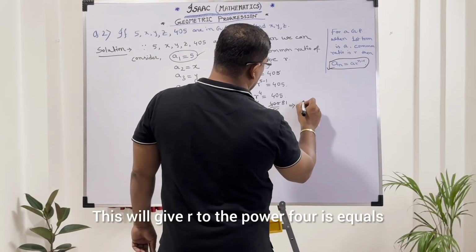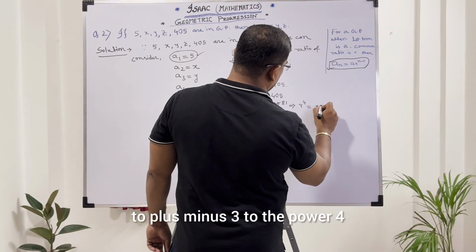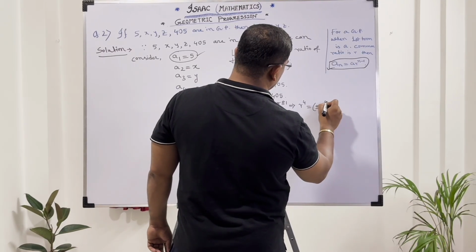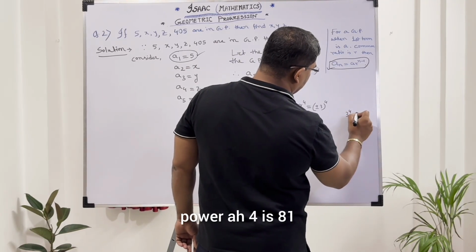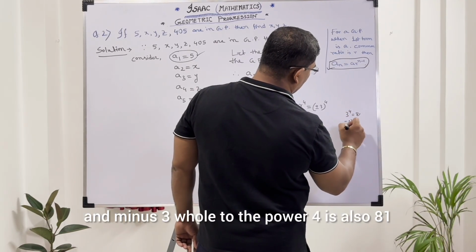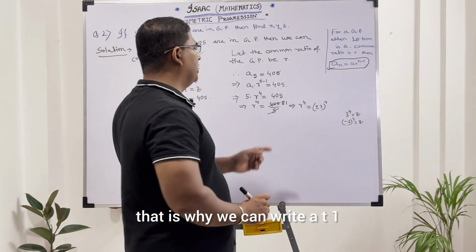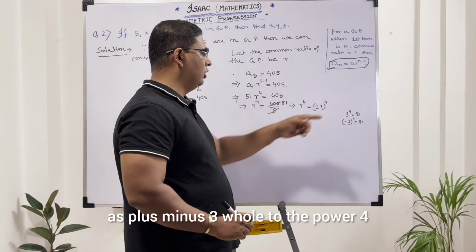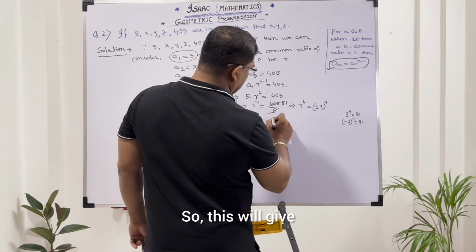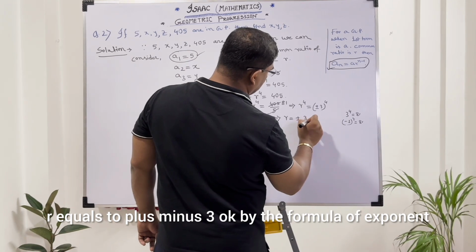This will give R to the power 4 is equals to plus minus 3 to the power 4, because 3 to the power 4 is 81 and minus 3 whole to the power 4 is also 81. That is why we can write 81 as plus minus 3 whole to the power 4. So, this will give R equals to plus minus 3.